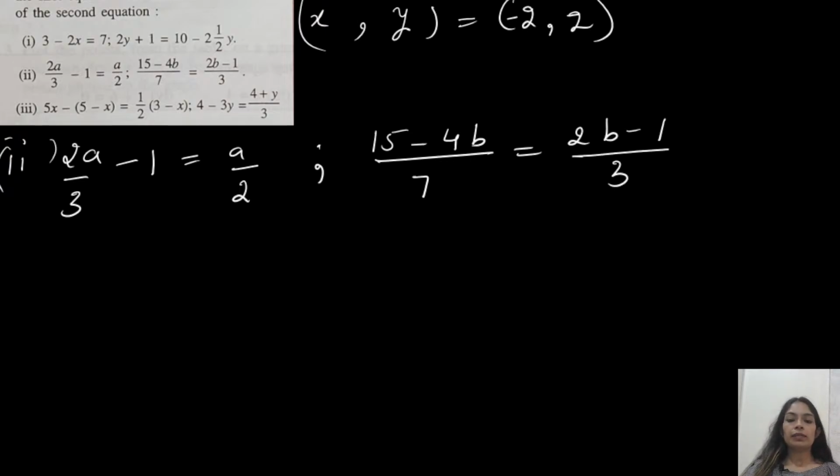So one by one, we will solve both the equations. Here the coordinates are given to us in the form of (a, b), so we will write that way only.